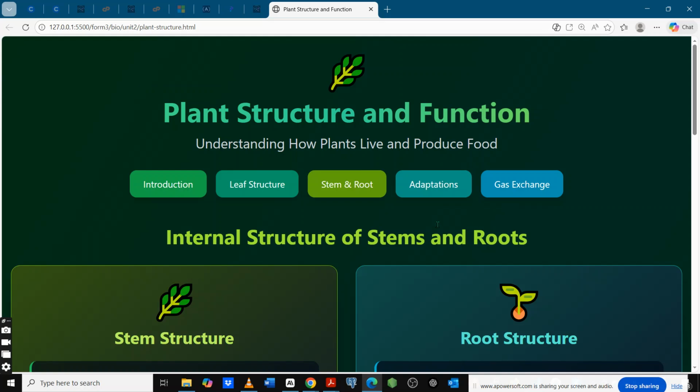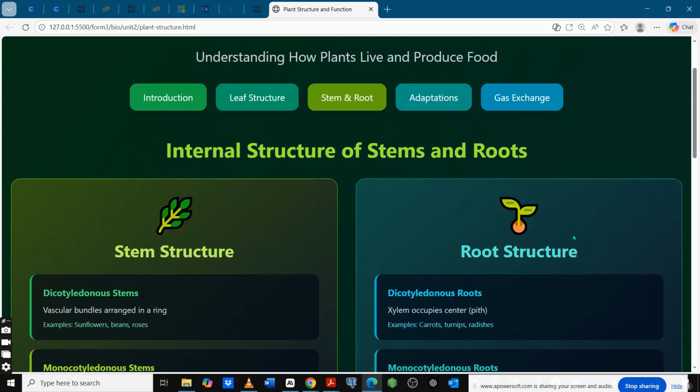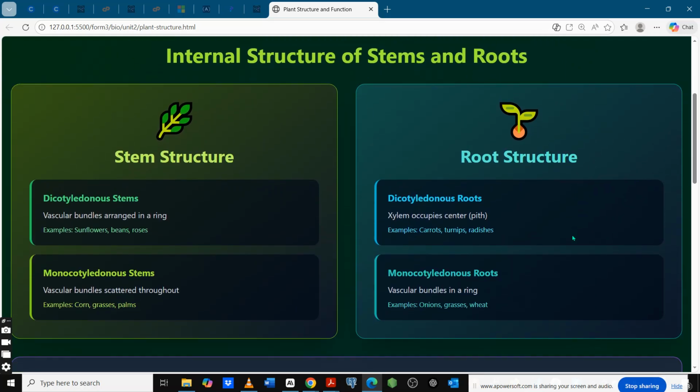Then we come to the internal structure of roots and stems. This is a stem. We have dicotyledonous stems. They have vascular bundles arranged in a ring. Examples are sunflower, beans and roses.